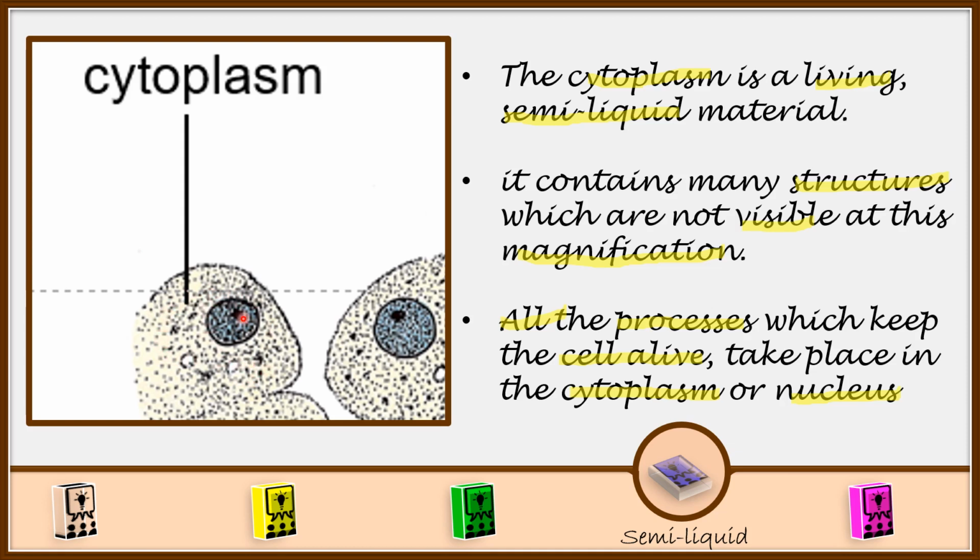And some of them take place in the nucleus, but most of them take place in the cytoplasm. All those processes that keep the cell alive are taking place in this semi-liquid material.